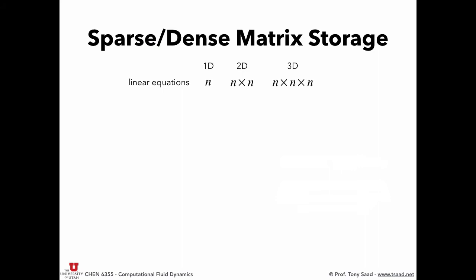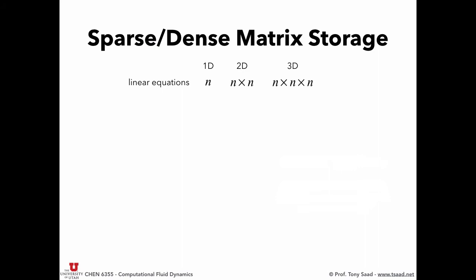For 1D, you have n linear equations because you have n points. For 2D, you have n by n, or nx by ny, so that's n squared points. Now the matrix is going to represent these n squared equations, so it needs to be n squared by n squared. That's the size of the matrix. And for 3D, you have nx, ny, nz, or n by n by n, so the matrix is n cubed by n cubed.